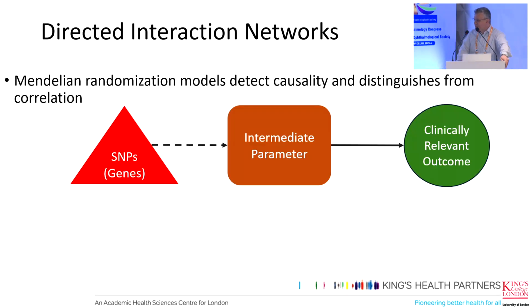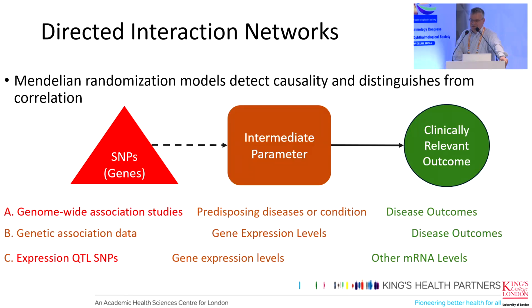And I'm really grateful to Dr. Chingyi for explaining the principles of Mendelian randomization in a much better way than I would have time to. But basically, the method involves instruments: SNPs are used as instruments. They have a certain effect over an intermediate parameter of some sort. And then we are interested in understanding better the relationship between that intermediate parameter and an outcome of interest.